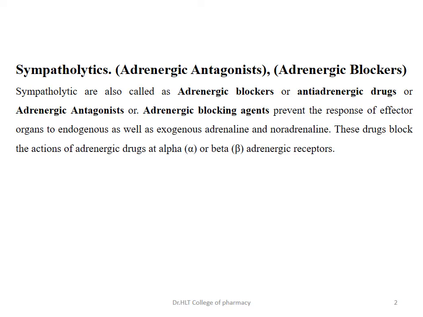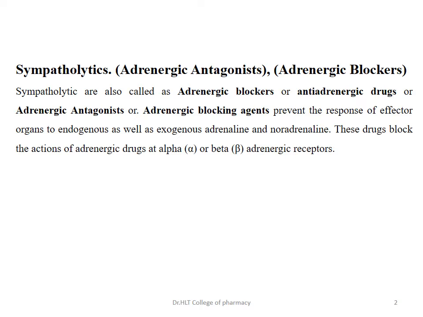Now we will discuss sympatholytic. When noradrenaline or adrenaline binds to the adrenoreceptors, what action will be produced by the agonist drug?